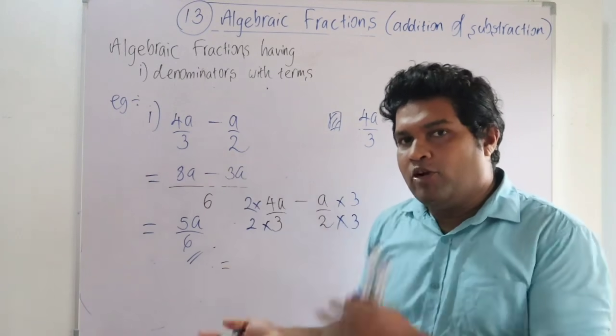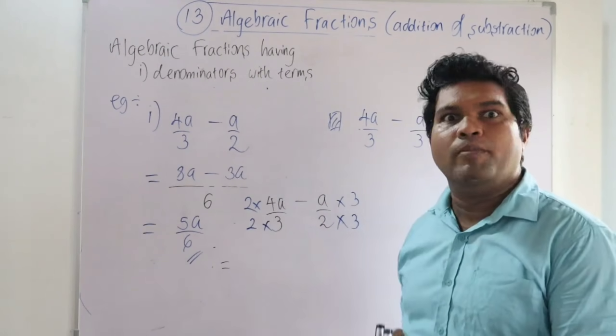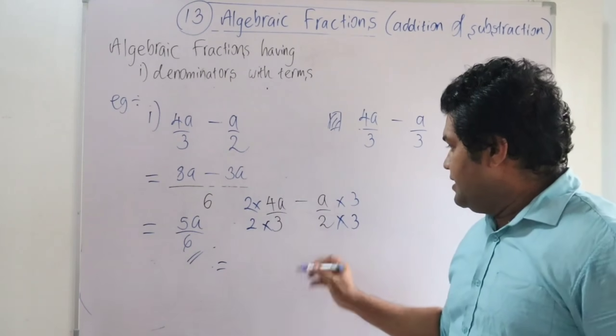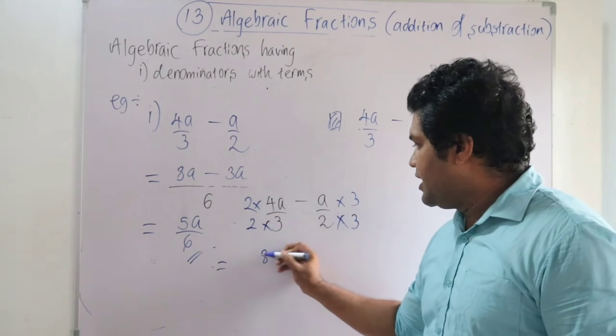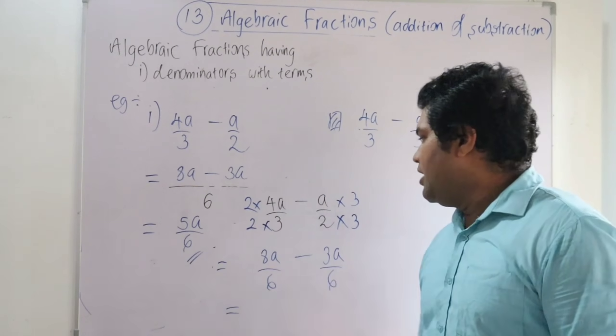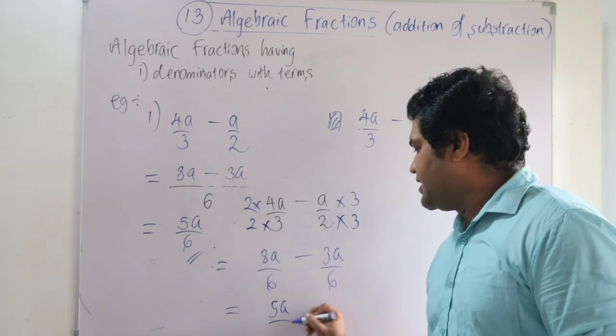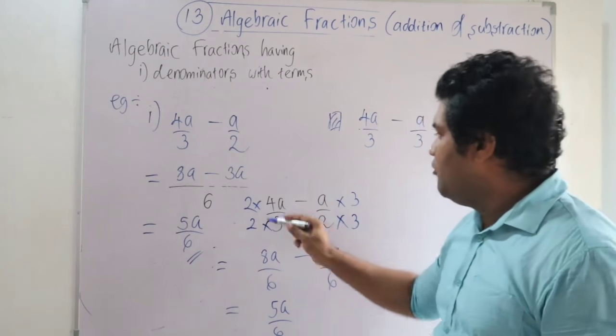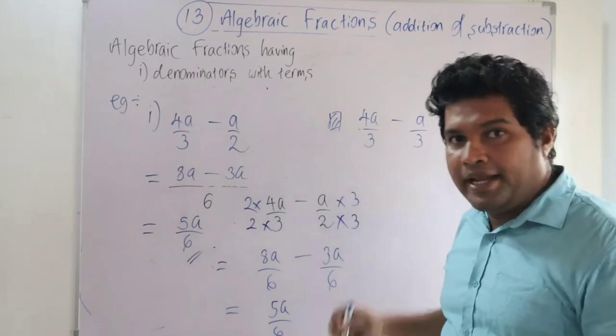By interchanging the denominators, they multiply both numerator and denominator and create a common denominator. Then 6 is the number, 8a over 6 and 3a over 6. Now the answer is 5a over 6. Doesn't matter. This is the standard method, but however this method is also correct.